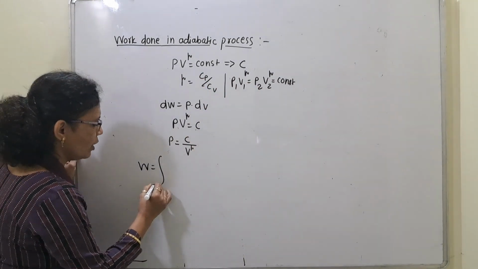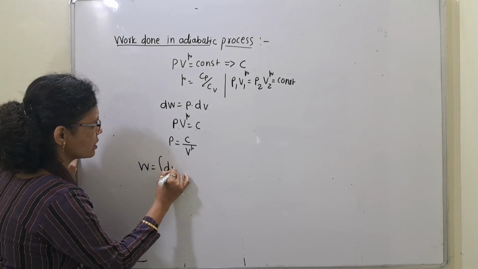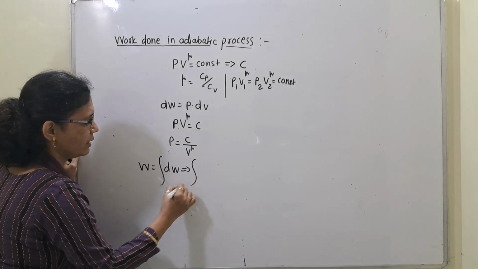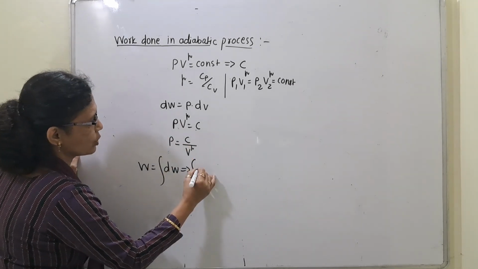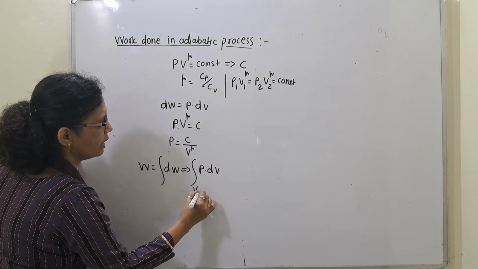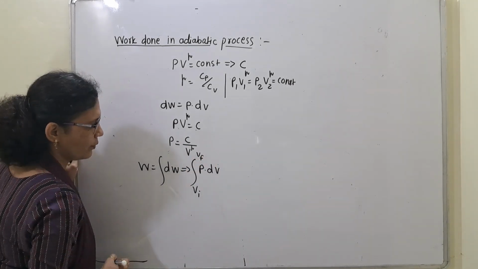So here, what is the work done? That is W is equal to the integration of dW, that is the integration of P dV from V initial to V final.